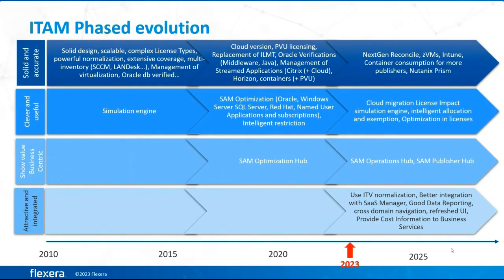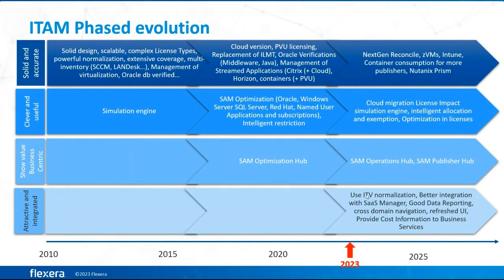There are more things that we're going to do, more and more related to the Flexera One platform, which is modernizing the reporting, being more integrated, and having cross-domain integration, such as being able to go from an inventory device which has license consumption to the ITV device that will have additional information on end of life, for instance, or jumping from an Oracle server to the business service this Oracle server is participating in and having a TCO, total cost of ownership, view.